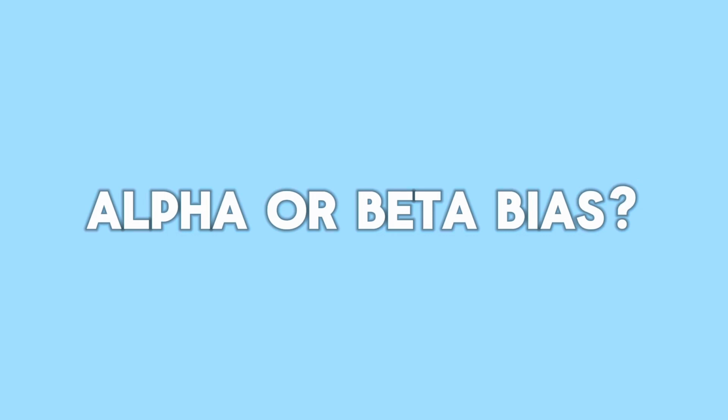Is this alpha bias or beta bias? This is beta bias. This is because beta is to minimize the differences between men and women, and alpha is to exaggerate the differences between men and women. So the fight or flight theory, or the fight or flight mechanism, essentially says that it happens in men and women exactly the same.